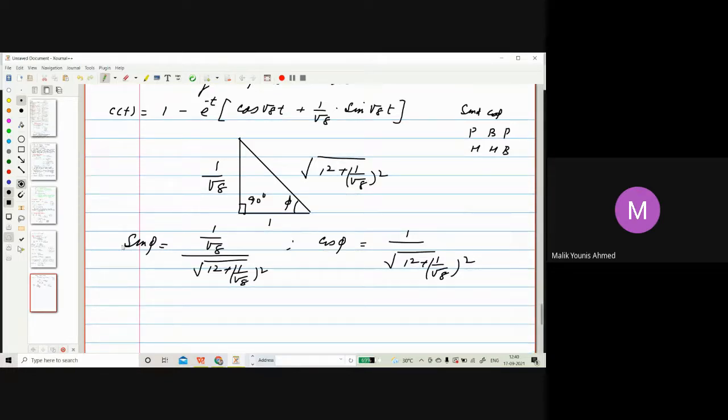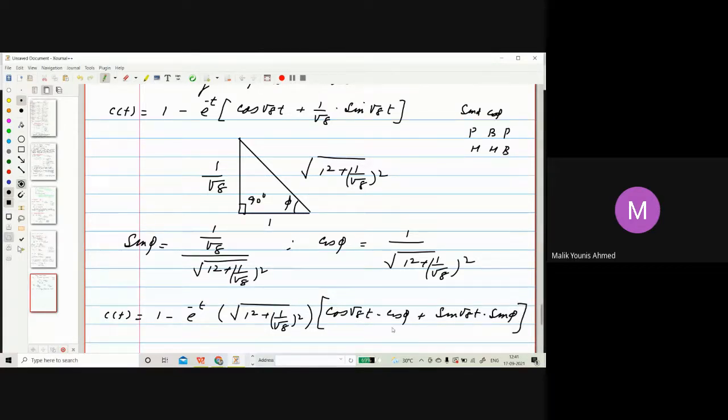Now what I am going to do, I am going to write c(t) in order to simplify the response. 1 minus e raised to the power minus t. I will multiply this outside, that is under root of 1 square plus (1 by under root 8) square. Okay. Inside I am going to write cos under root 8 of t multiplied by cos of phi plus sine under root 8 of t multiplied by sine of phi.